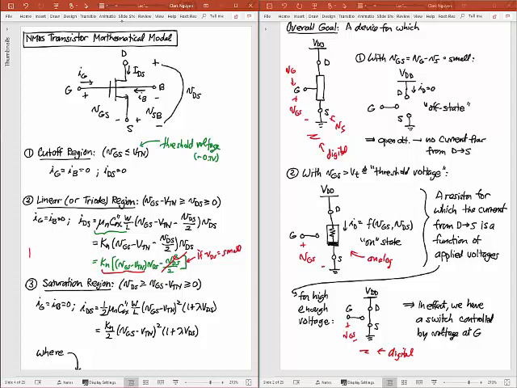So I could say that if I define an R equal to VDS over IDS, then from that equation here, that looks about linear. So it looks like a linear resistor in this regime when VDS is very small, and so that's why it's called the linear region.